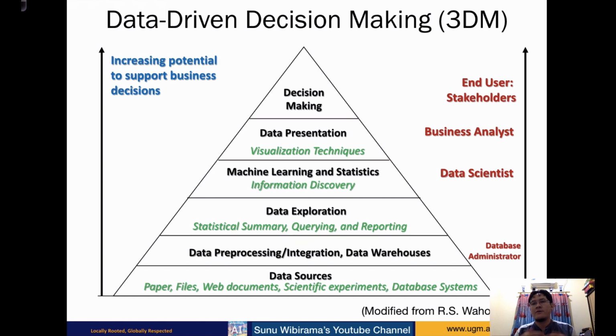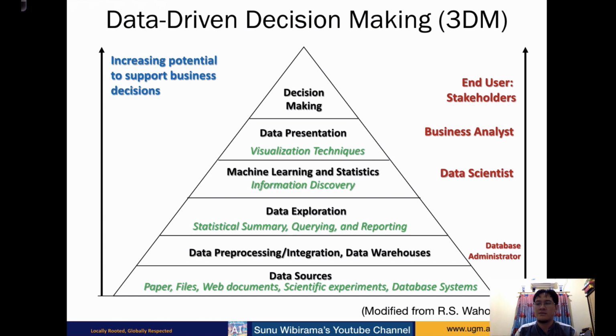But in terms of finding the pattern, in terms of finding the hidden knowledge inside the data, you need to be more tech savvy, and you have to differentiate between the database administrator and the person who will analyze the data, like a data scientist.